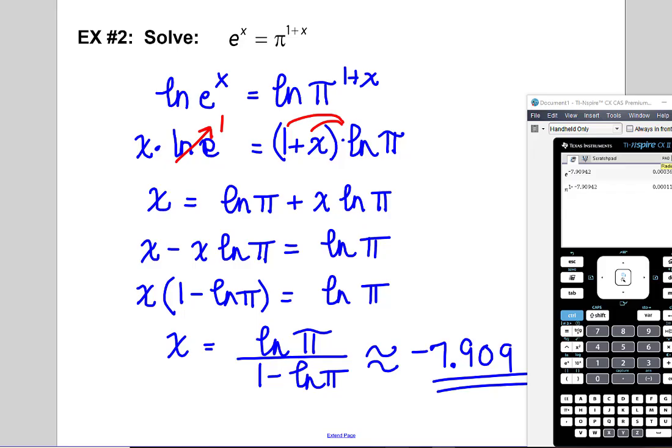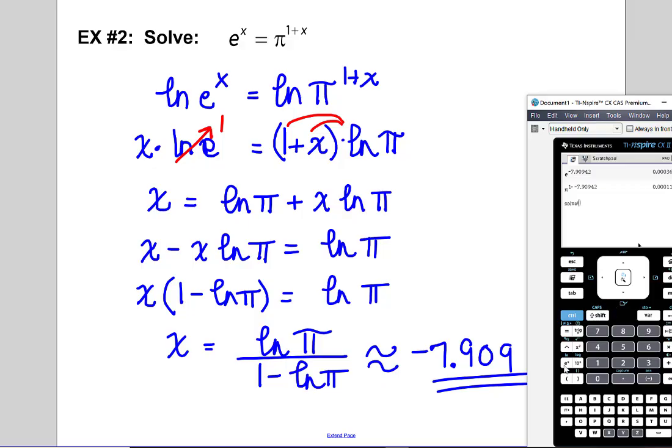So they're close, but not too close. This one's 3 zeros and a 3, and this is 3 zeros and a 1. So we're off by a little bit. We could use the solve feature.